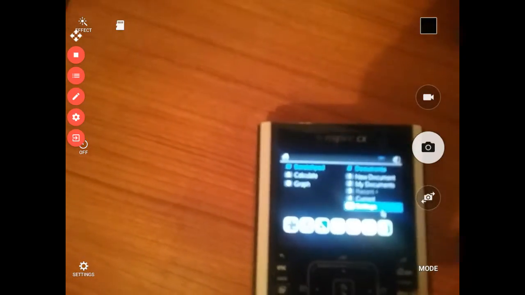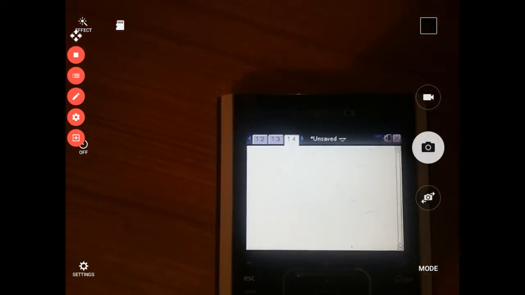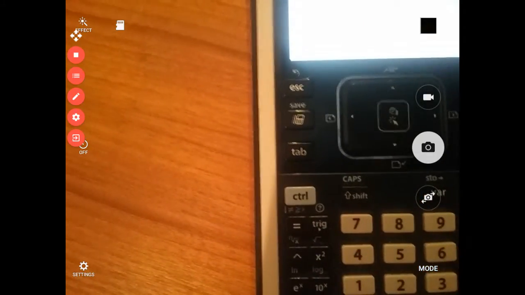One last thing. Let's go to our current document. That's just the normal page. Now, the trig buttons for TI Inspire users. We have this trig button right here. Come on, focus. There we go, trig.